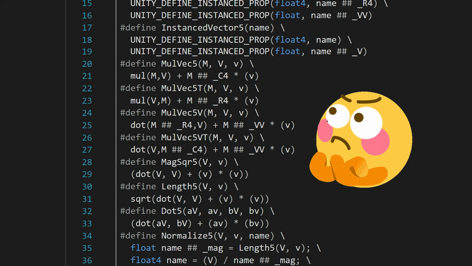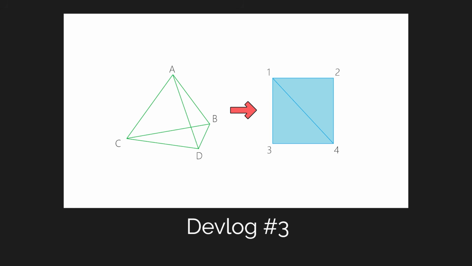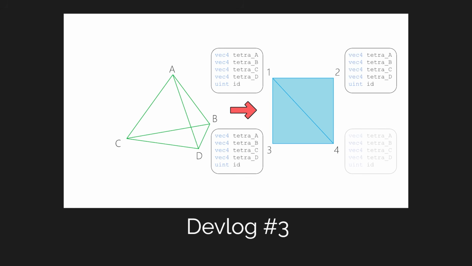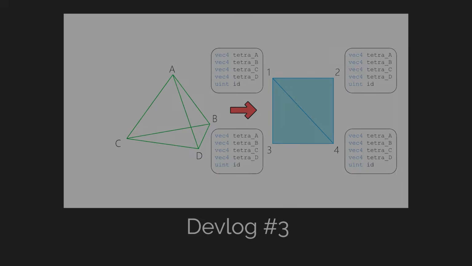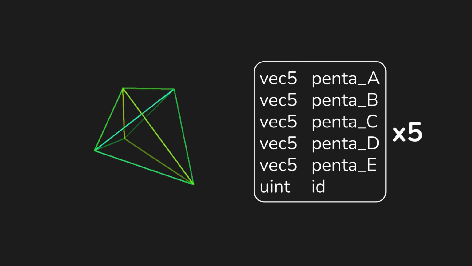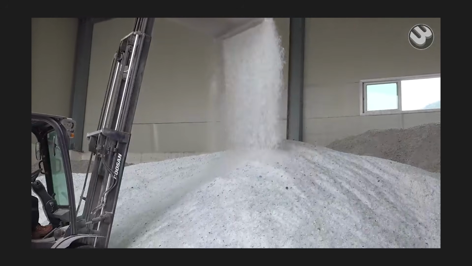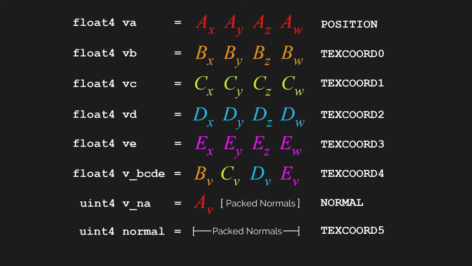You know what's even more annoying? Remember in Devlog 3 how I had to store an entire copy of the tetrahedron for each 4D vertex? Well, now I have to store an entire 5D copy of the pentachoron at each vertex. That's a lot of data to transfer. Luckily, I can finagle the fields a bit to group them together for a slightly more efficient GPU transfer.